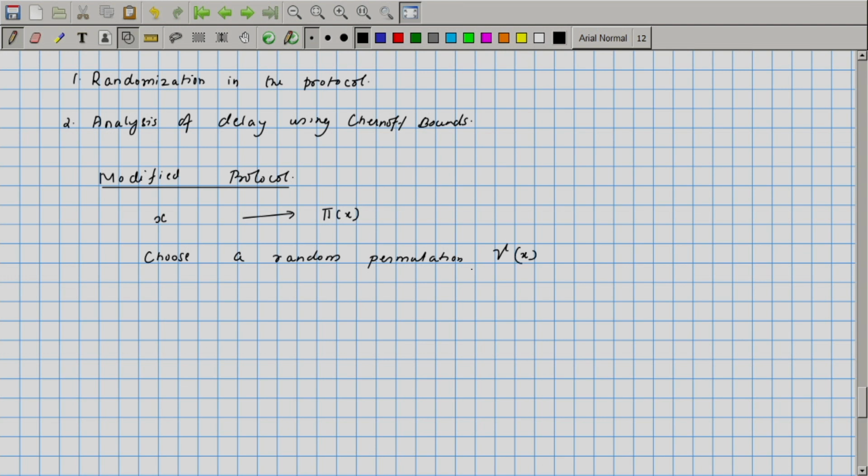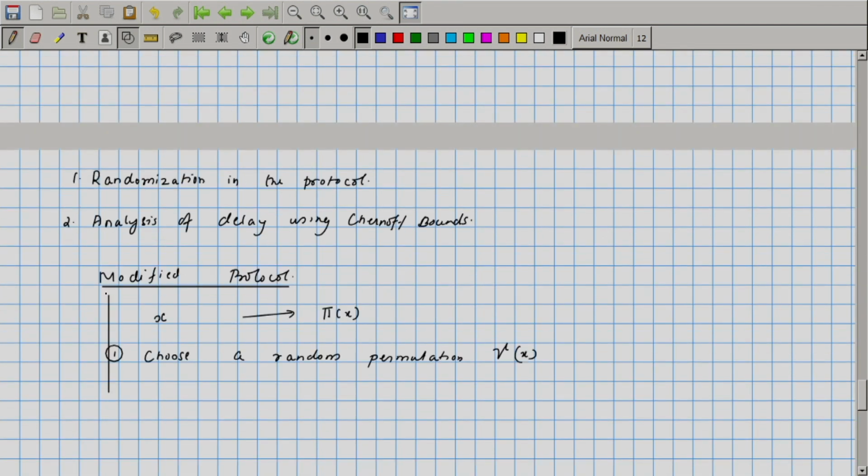Okay. So, gamma x gives the image of the vertex x under this random permutation.